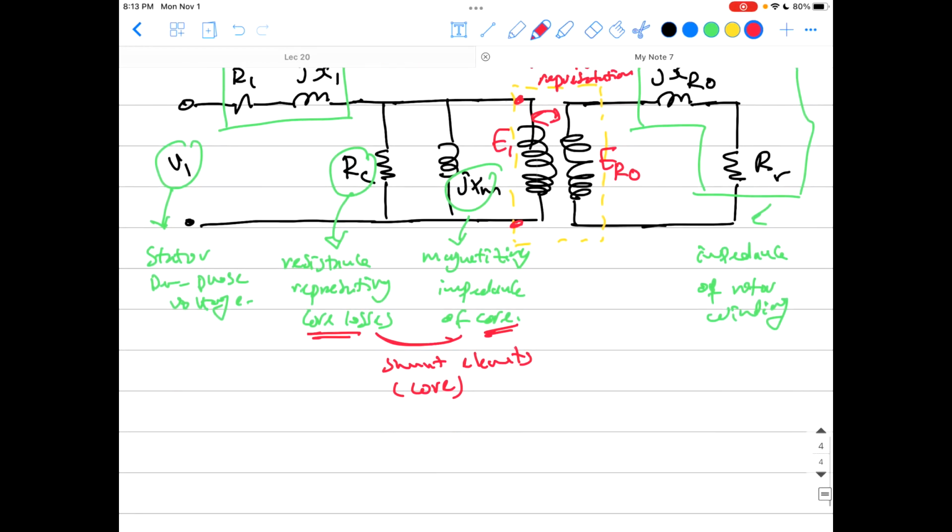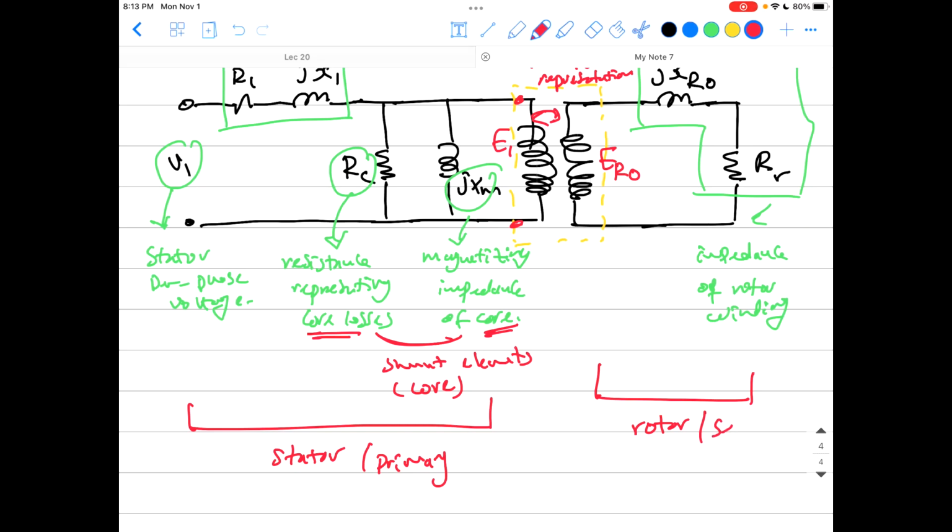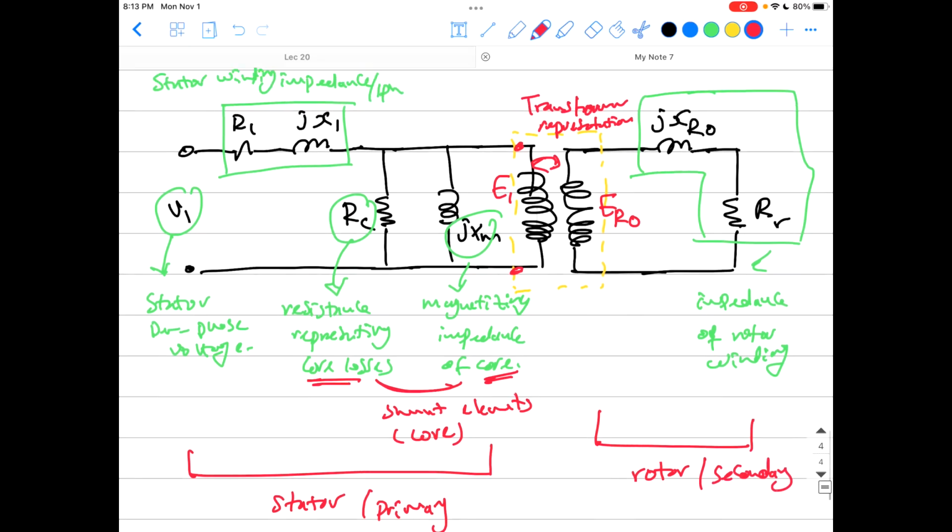Here is your stator representation, or the primary winding of the transformer, and here is your rotor or your secondary winding, and the transformer itself is between them.